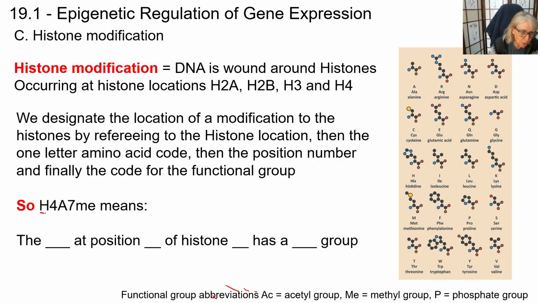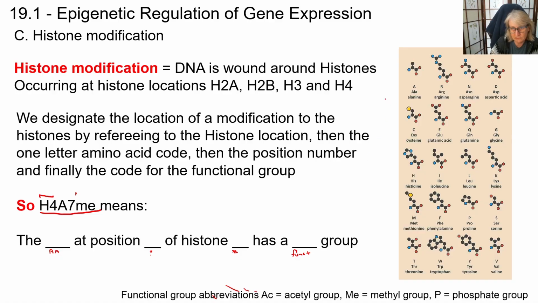So I'm going to shortcut this, and say that my modification occurred at H4A7Me. I'll give you a second to figure out that this is going to be an amino acid, at a position, of a histone number, that has a functional group attached.